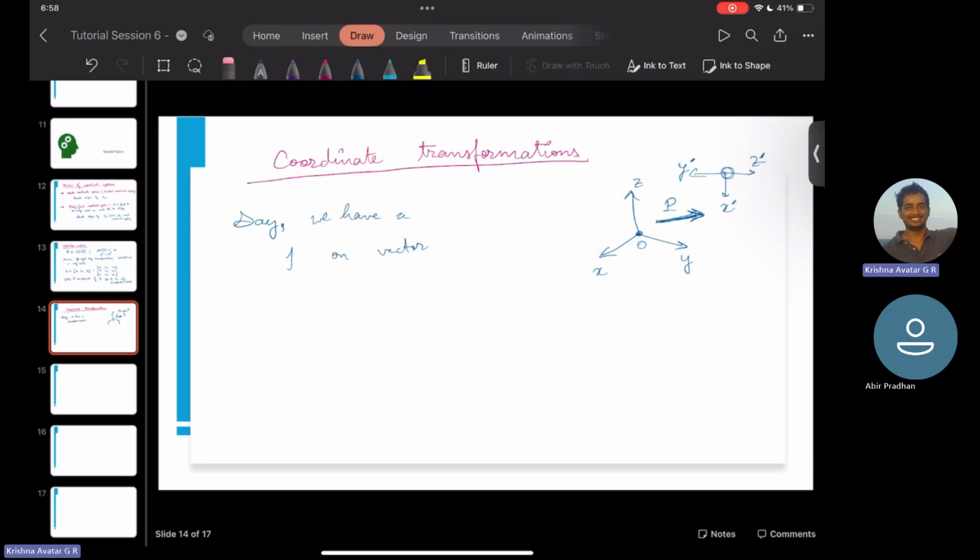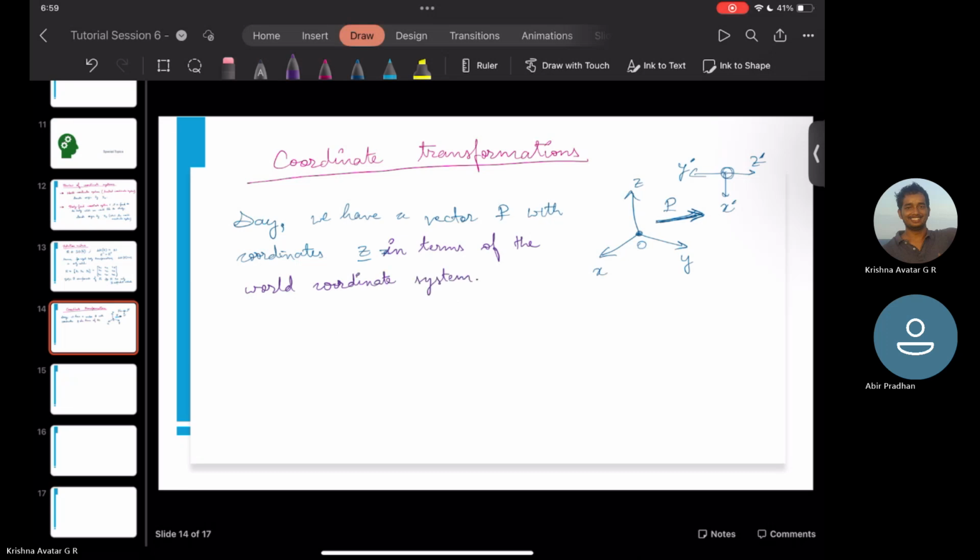So say we have a vector P with coordinates Z vector in terms of the world coordinate system, right?